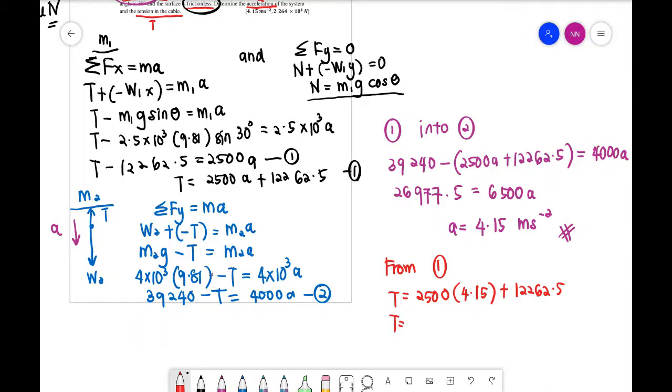So tension equals 22637.5 Newtons. So this value is equivalent to this one. Alright.